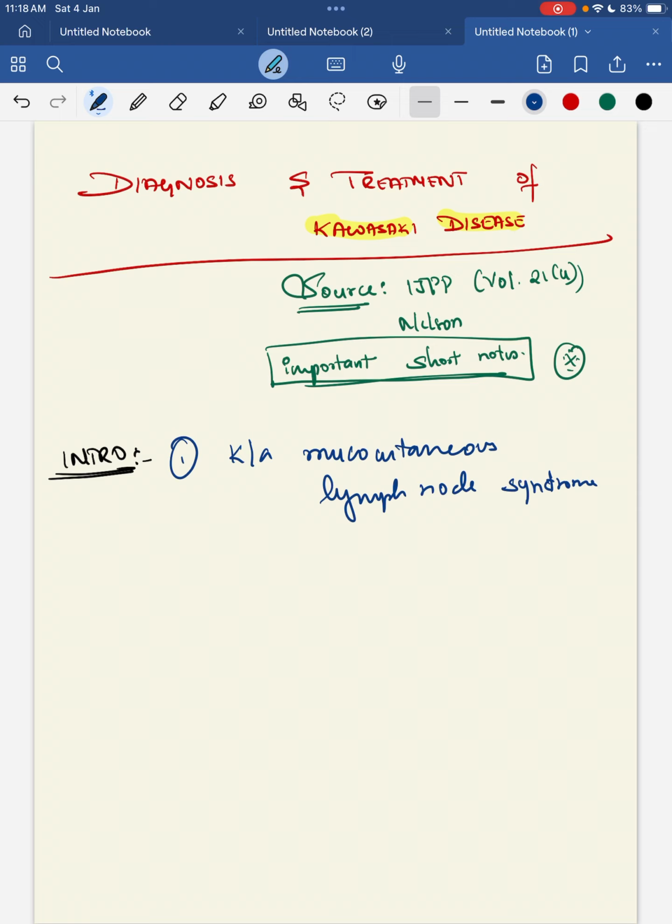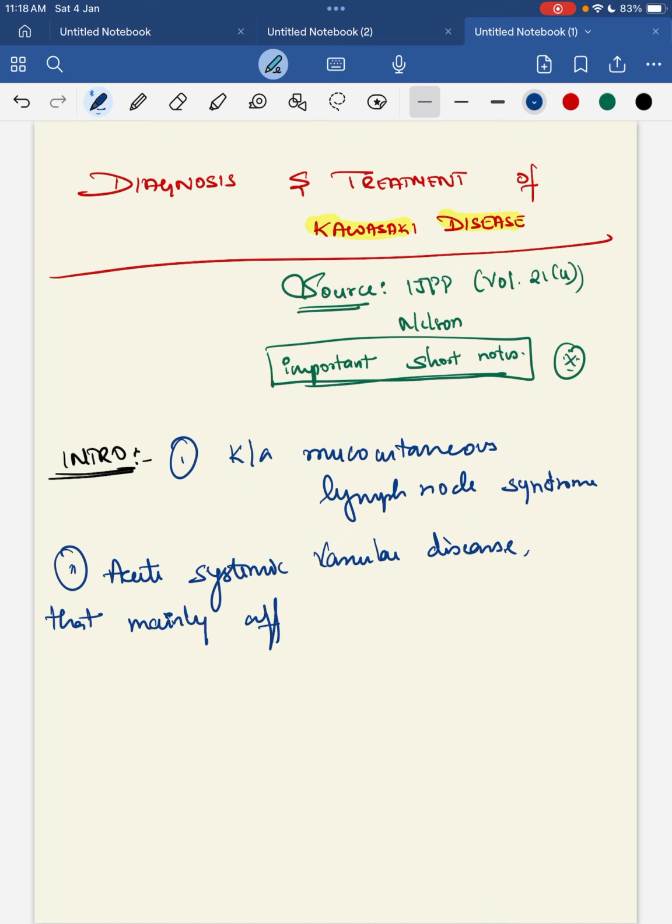Next, it is an acute systemic vascular disease which mainly affects your medium-sized vessels, but there is a predilection for coronary arteries.